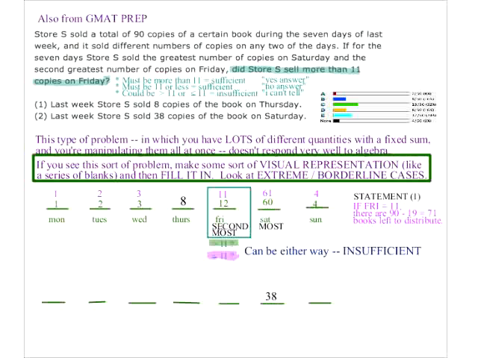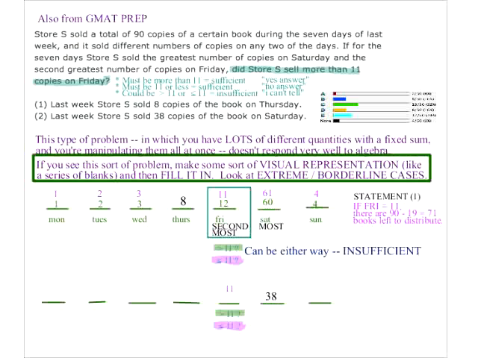We're trying to figure out whether these can be more than 11, or less than or equal to 11. So this is the same issue on Friday that it was before. So let's try 11, same way we did last time.